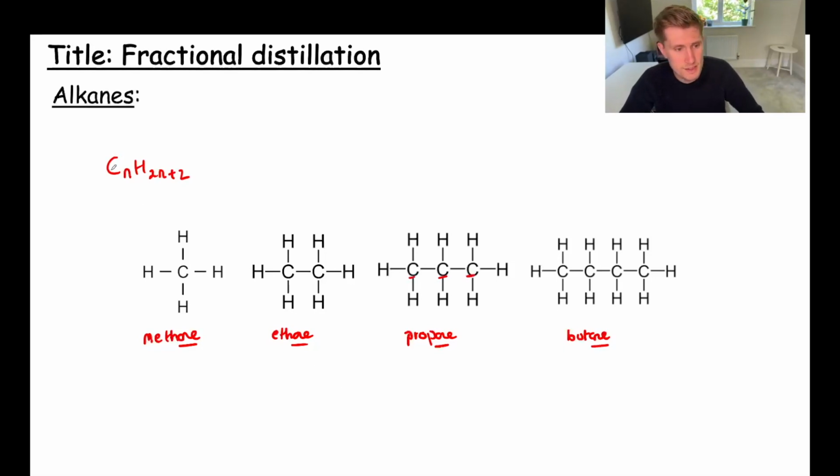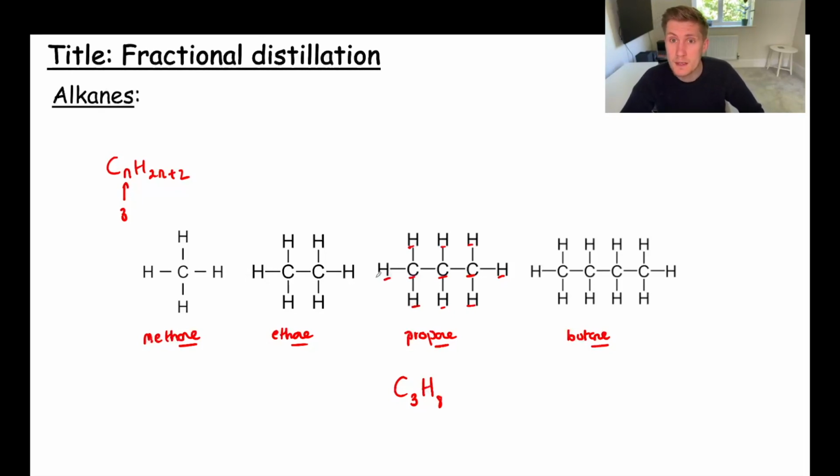So I know that C is 3, so n equals 3 because I've got 3 carbons. If I wanted to work out the number of hydrogens, it's double the number of carbons plus 2. So double 3 is 6, add 2, that's 8. So H8, and that works out, doesn't it? 1, 2, 3, 4, 5, 6, 7, 8. So that's the formula of propane.